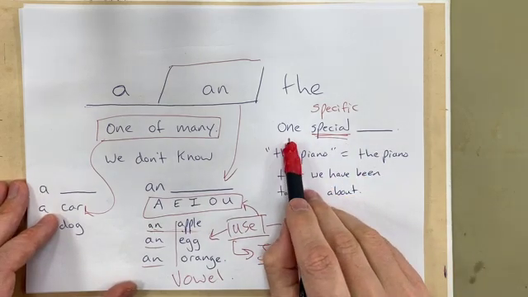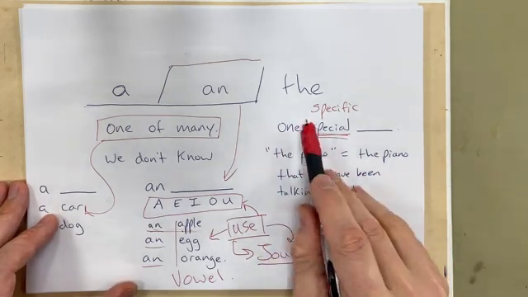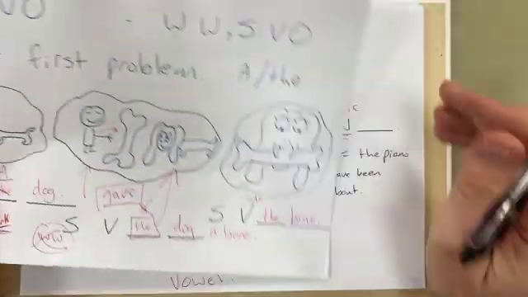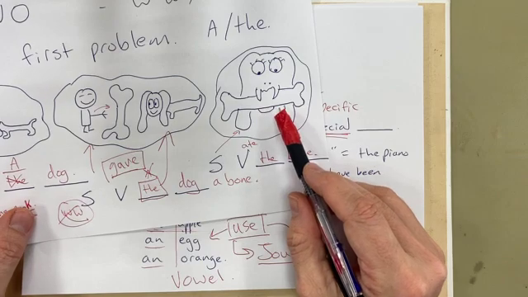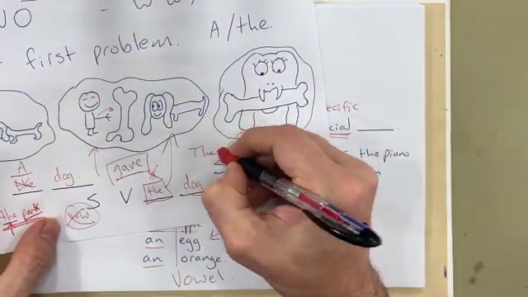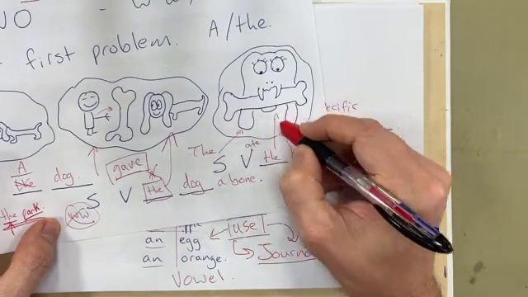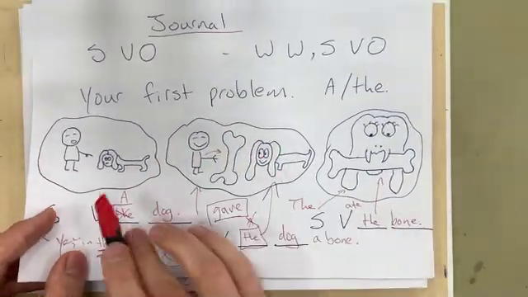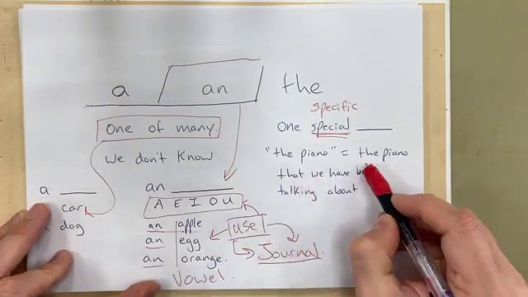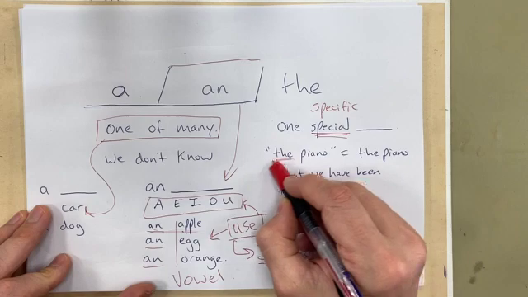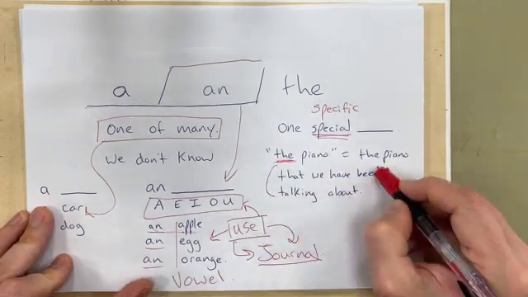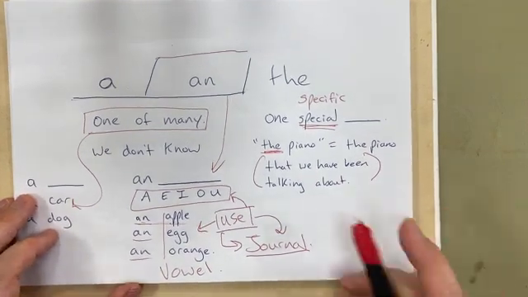So when we say the dog, in our last sentence, we said the dog ate the bone. We know the dog, and we know the bone because it's from our story. So here we have the piano. The way to think about this, when you use the, is what we're saying with the is this. This is a bit of the tricky bit here.